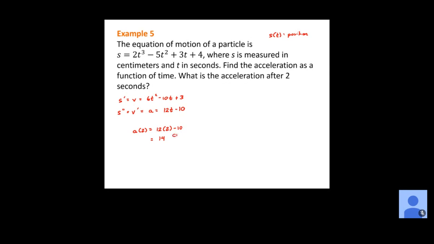Whenever you're dealing with acceleration, it's going to be your unit of distance over your unit of time squared. If you think about it, it's because we've taken that derivative with respect to time twice now. When you take it once, you get velocity, centimeters per second. Once you take the second derivative, we've taken another derivative with respect to time, so that's why we get seconds squared in the denominator.